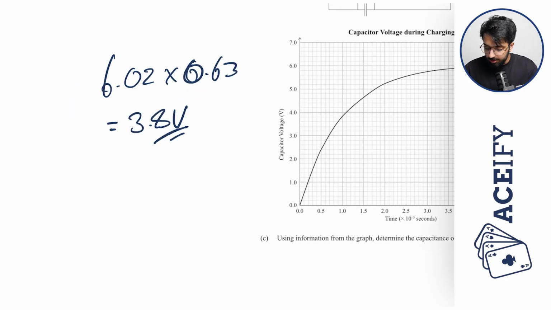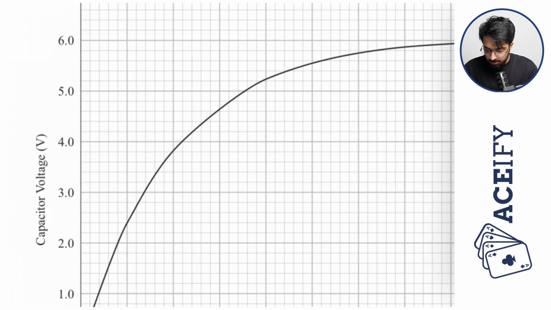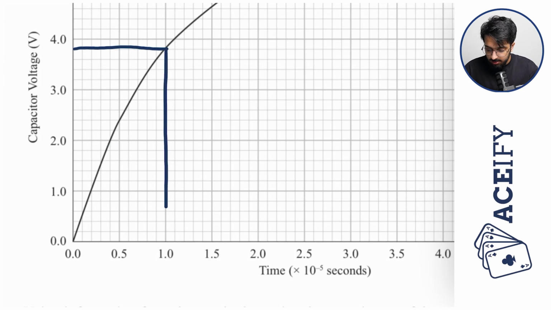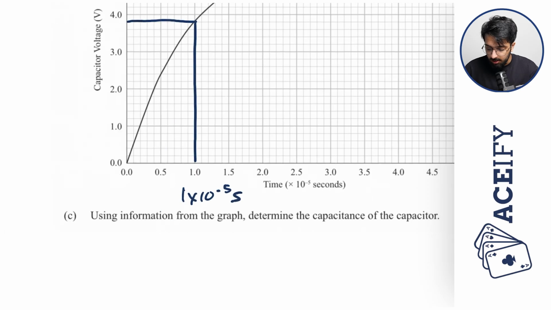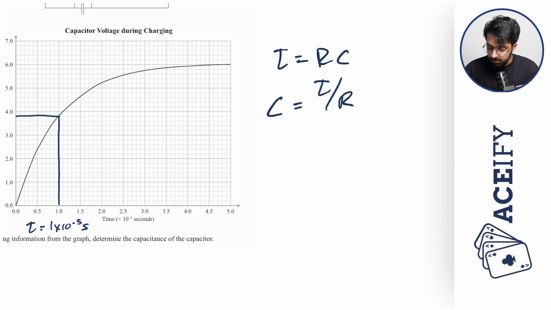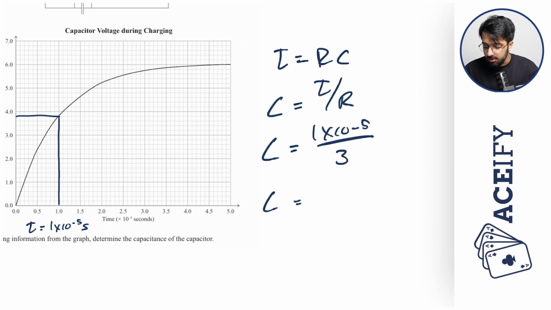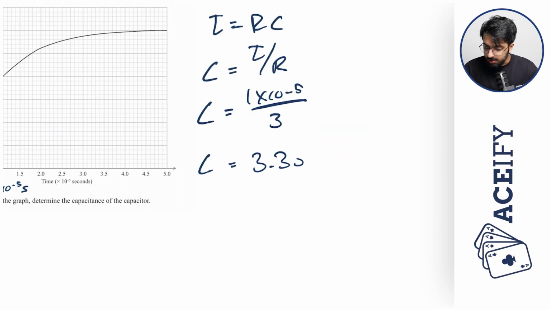If we look at 3.8 volts, that is right over here, and as we can see, that is equal to 1 times 10 to the negative 5 seconds. So that is our time constant, and therefore our capacitance is equal to 1 times 10 to the negative 5 all over 3, and so our capacitance is equal to 3.33 times 10 to the negative 6 farads.